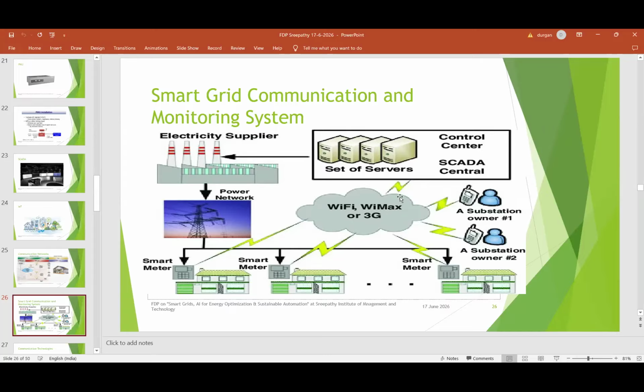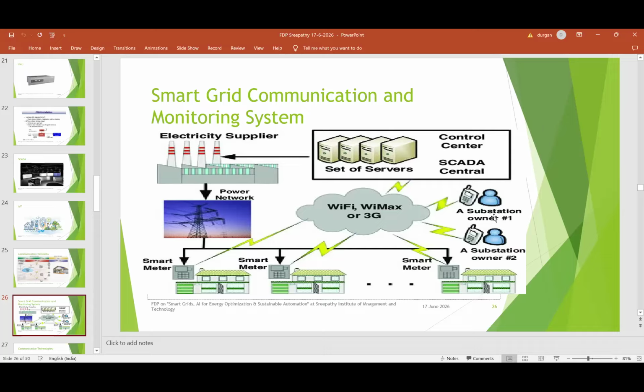Okay, so these are all the residential or consumer units. Then we have the substations. So here is substation 1 and substation 2, which represent the utility operators. They are the operators present in the substations, or the owner, nothing but the operator.